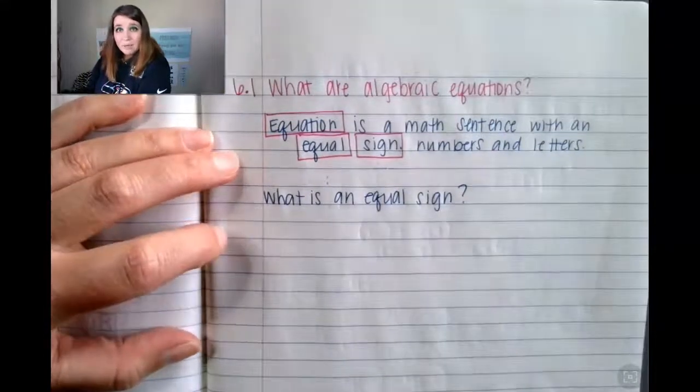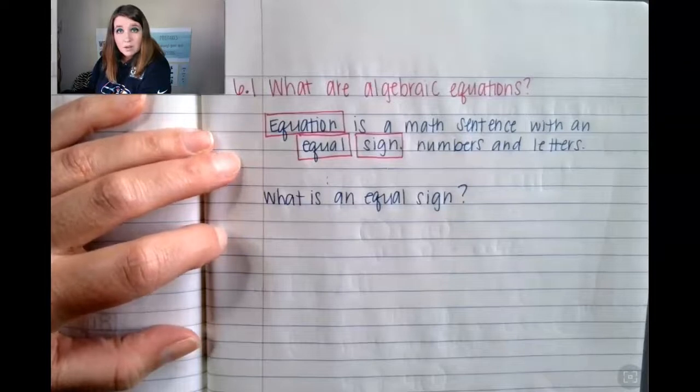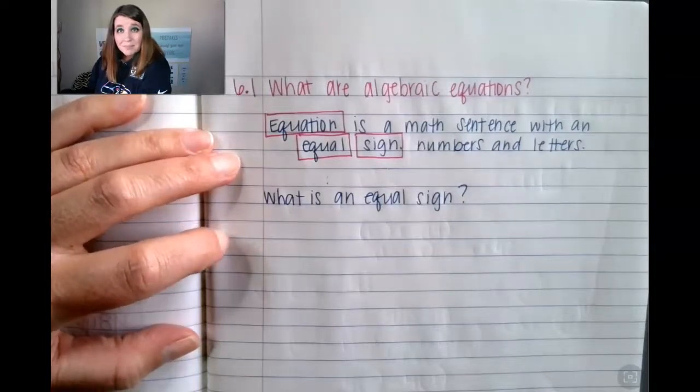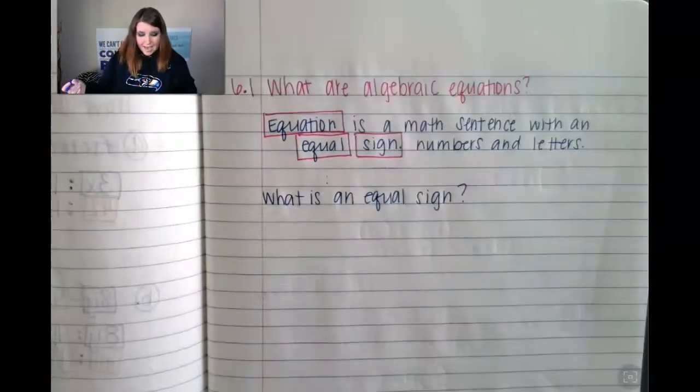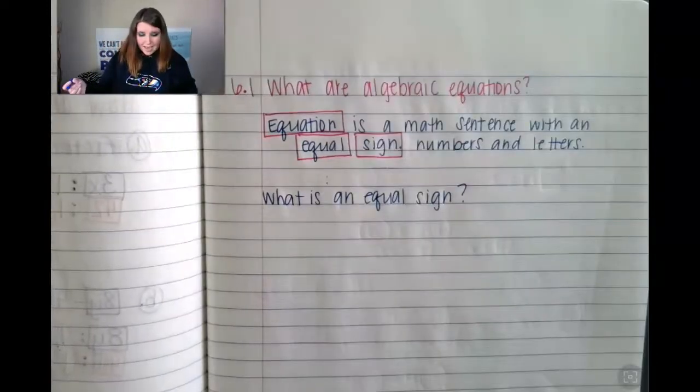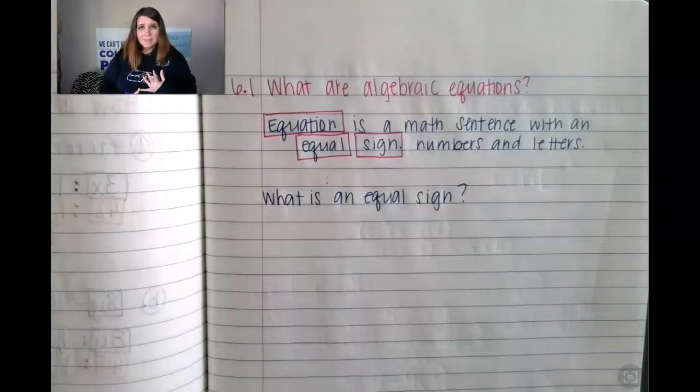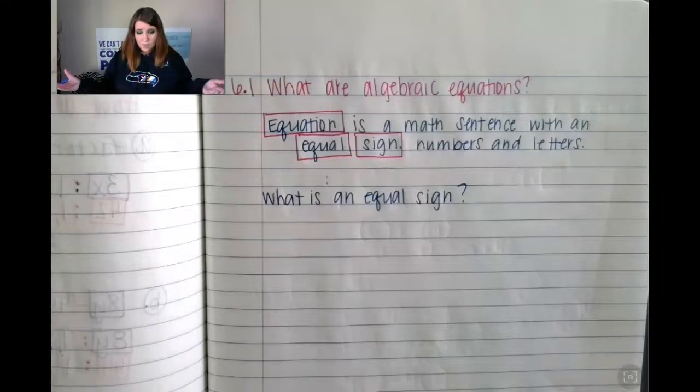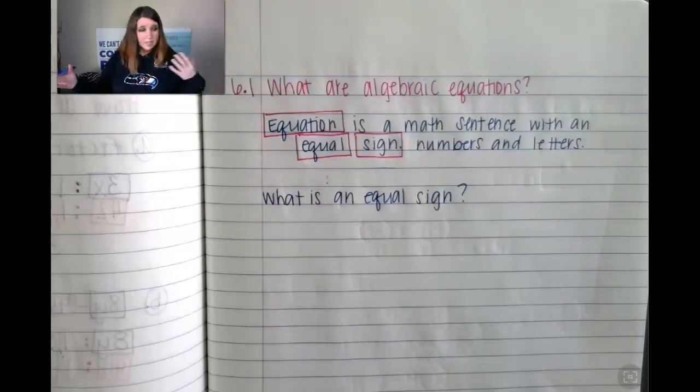Well, an equal sign means that something is equal. It means it's the same as. It means that it's comparing this to that.